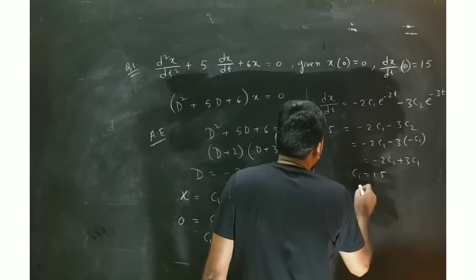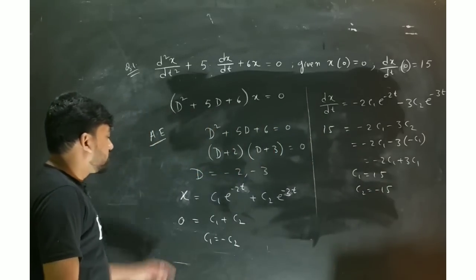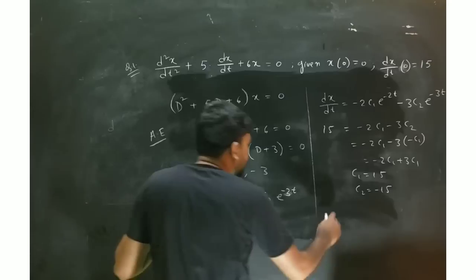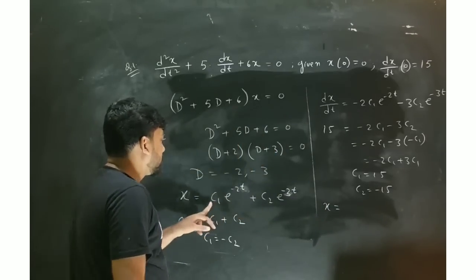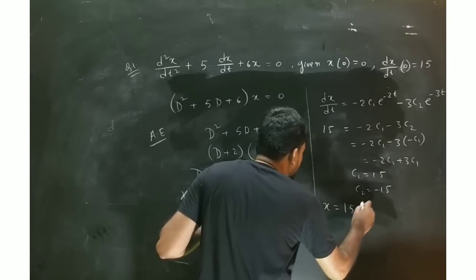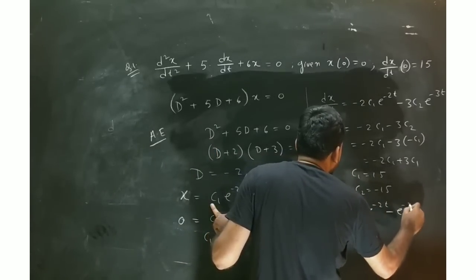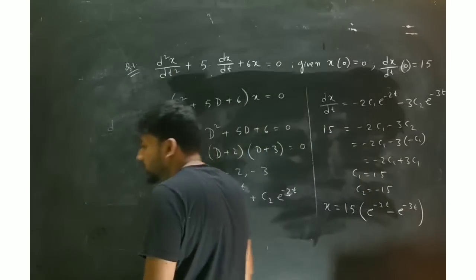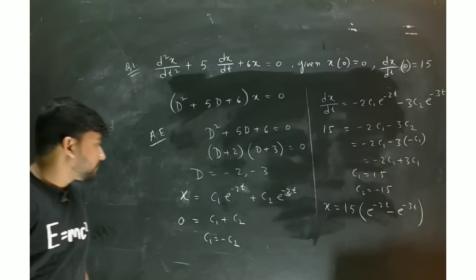If c1 = 15, then c2 = -15. Now if you write this equation, x will be 15 here and -15 here. Taking 15 common, x = 15(e^(-2t) - e^(-3t)). This is the answer to the problem.